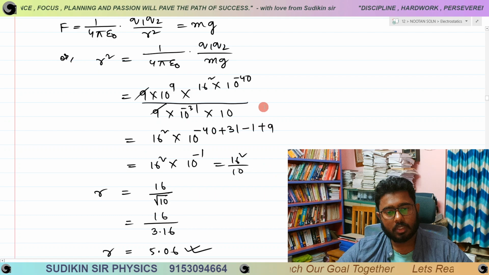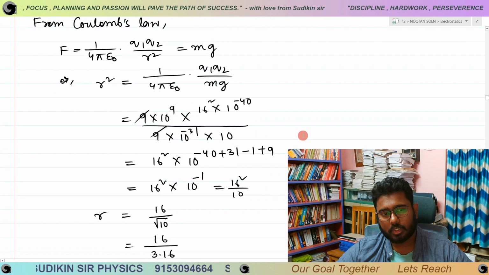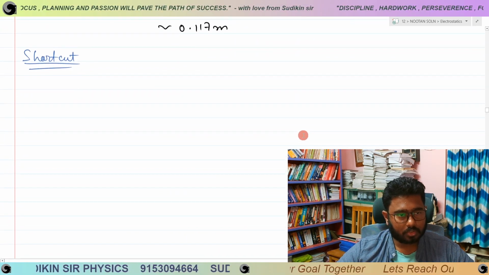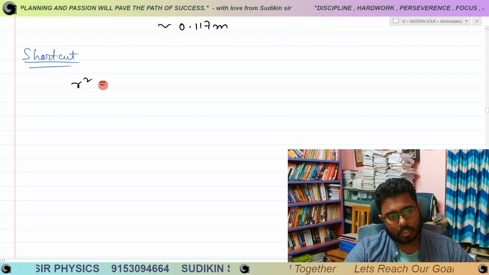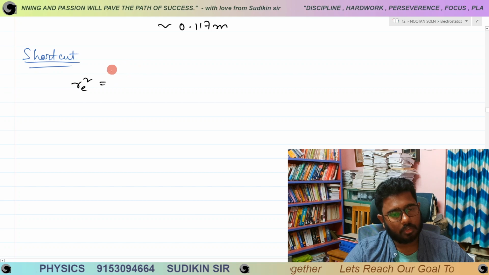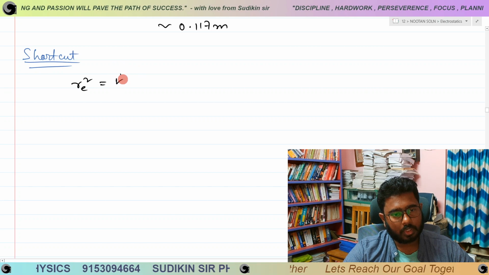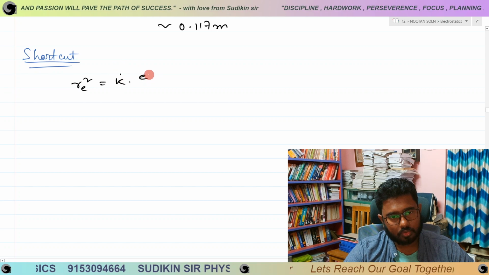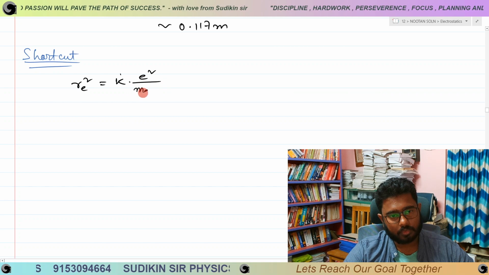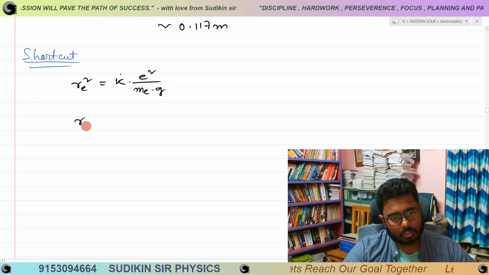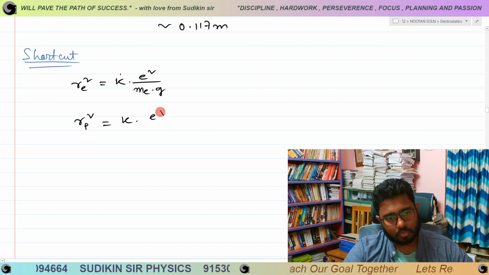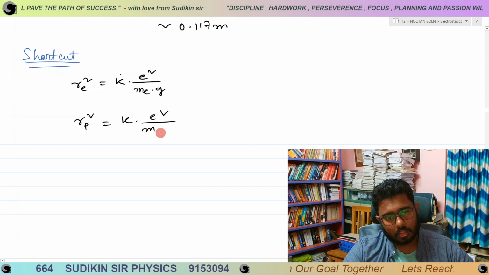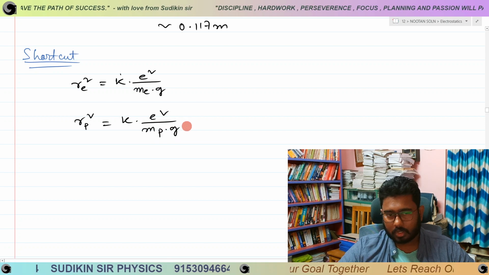So from here, from the case of electron, what we can write, that Re square, this is for electron, will be 1 by 4 pi epsilon naught, let me write it as K, into E square divided by mass of electron into G. And if I say Rp square, that is the distance for the proton, that will be K into E square by mass of proton into G, right?